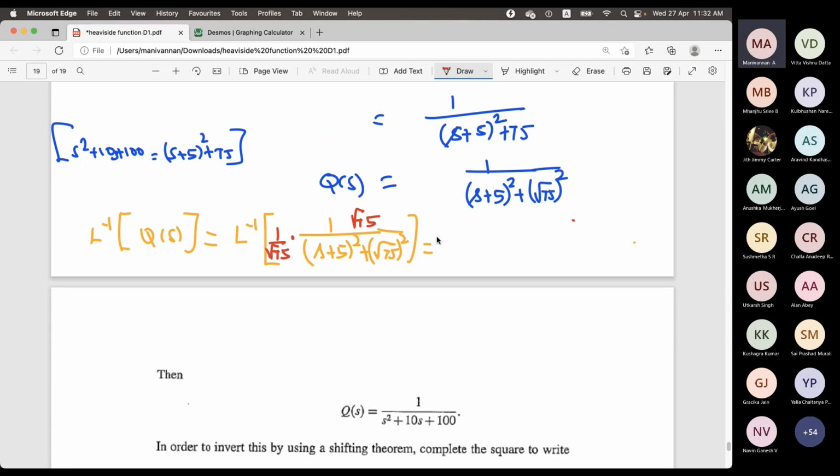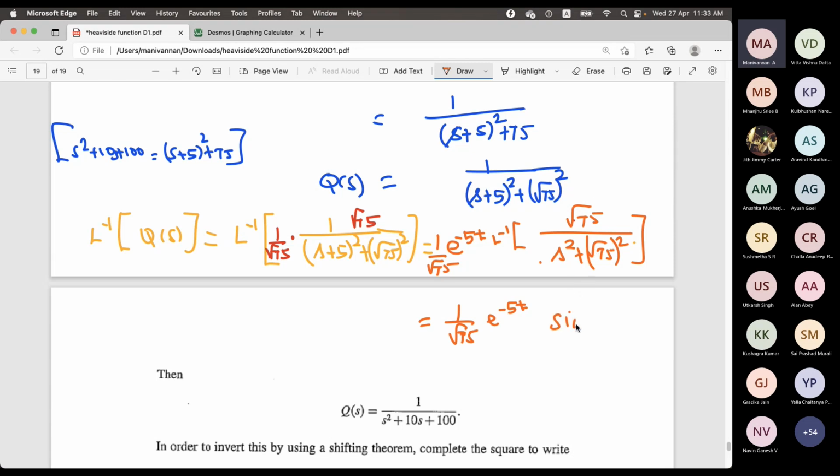Now it is e raised to the power minus 5t, remaining it is L inverse of root 75 upon s square plus root 75 whole square. So here it is 1 divided by root 75, e raised to the power minus 5t, then sine root 75 times t. Is it clear?